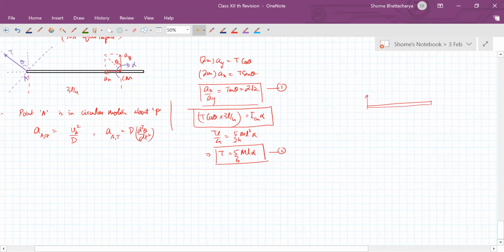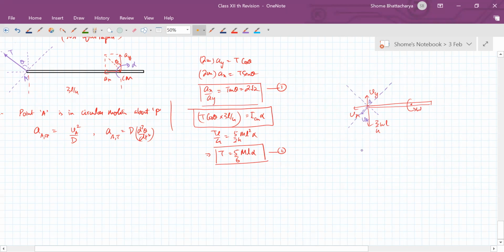It is the vector sum of Vy, Vx and 3 by 4 omega L, which now that we have got the correct direction of omega, we know is like this. So its actual velocity is in this direction. So the point is actual velocity will be something like this. Okay.